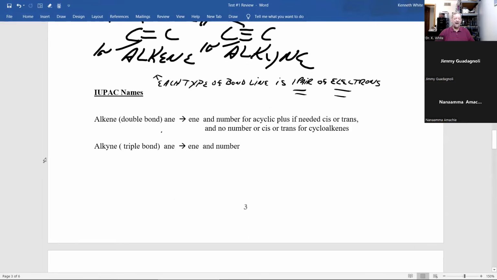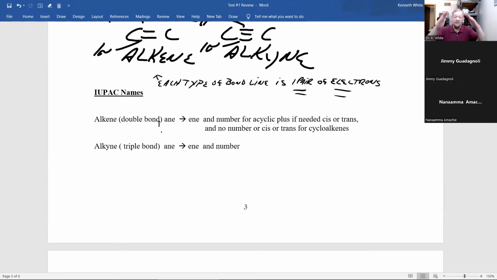Now, for our IUPAC, alkene, a double bond, you find the longest chain with both carbons of the double bond, name it as an alkane, drop the ane ending, and put in ene. Now, you need a number if it's acyclic, not in a ring, and also you have to check if it's cis or trans.